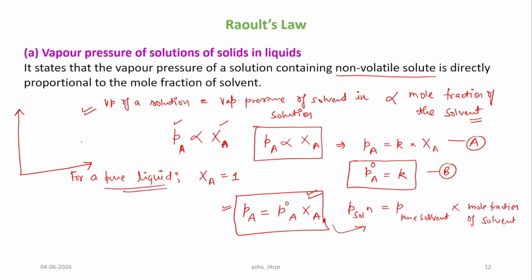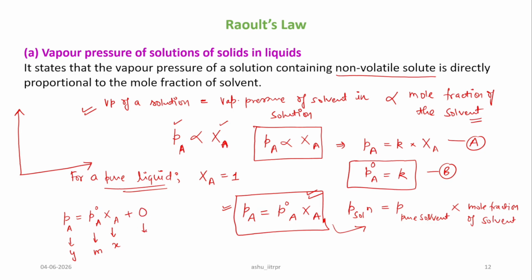Again, you can take it in a similar way. The equation that I have is PA equals P naught A chi A. If you write it in the form y equals mx plus c, here we have nothing for c, so the intercept is 0.